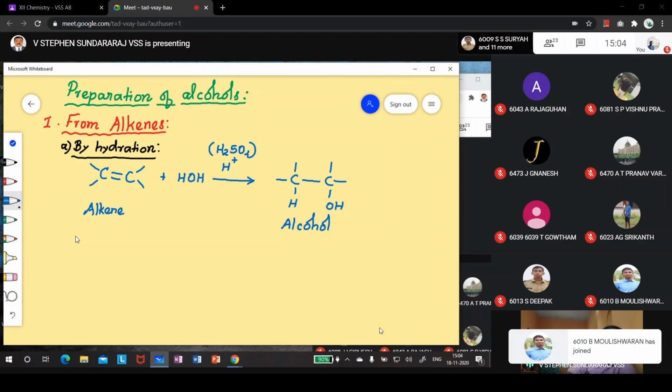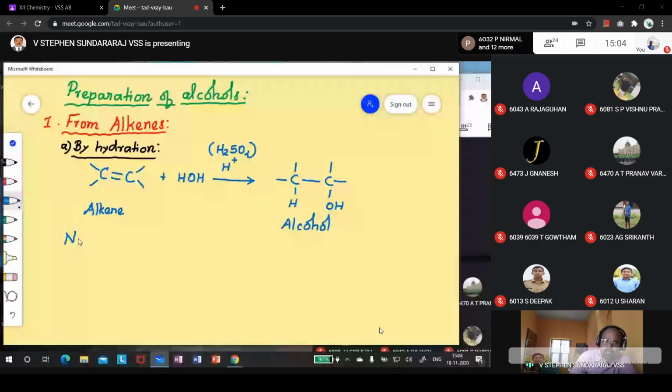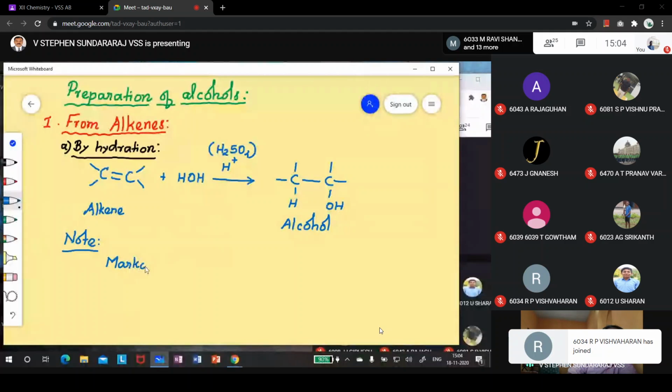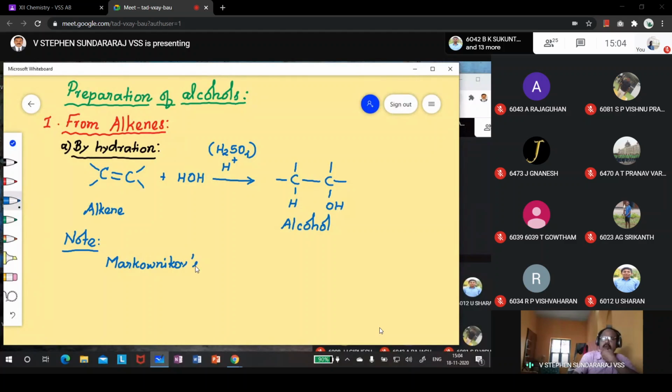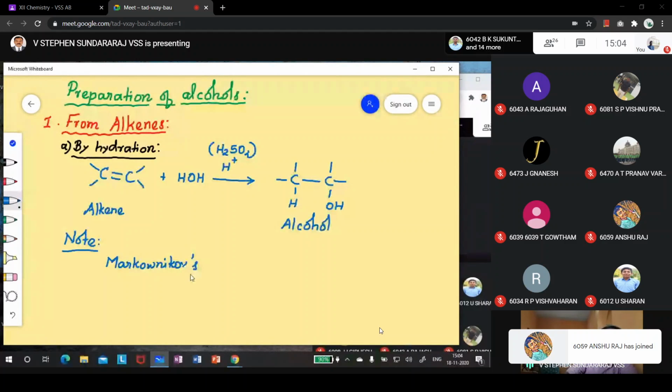So now here, only one thing you have to note down, that is there are two types of addition. One is Markovnikov's addition, another one is anti-Markovnikov. So here the addition is according to Markovnikov's. Okay, Markovnikov's addition.